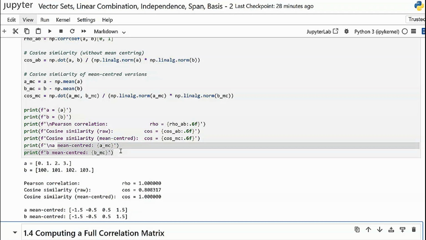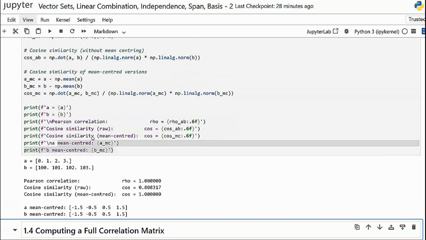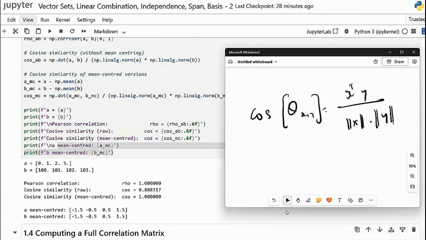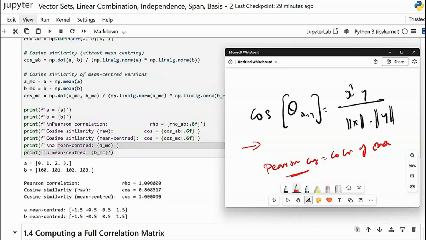Kindly just verify, and observe, dear friends, this value. So this is the cosine similarity. And when you compare it to the Pearson correlation, the cosine similarity of mean centered vectors is what gives the Pearson correlation.